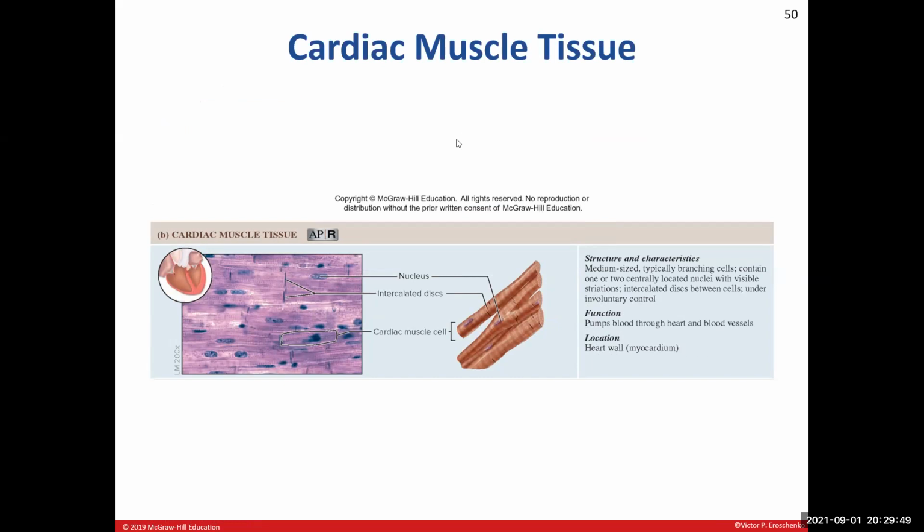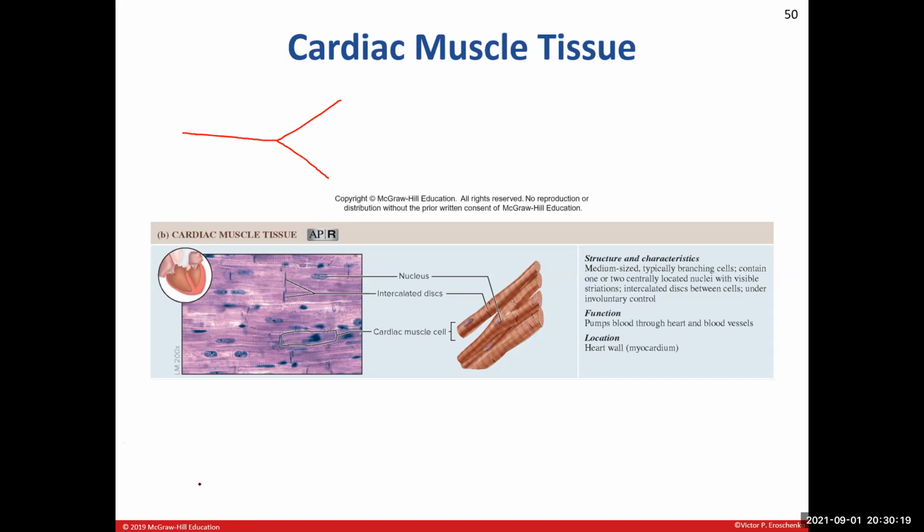I tell folks it looks like a Y on its side because it branches, so you'll have one cell branch here and here. It's also striated, similar to skeletal muscle, and cardiac muscle can have more than one nucleus. It can have one or two nuclei per cell.